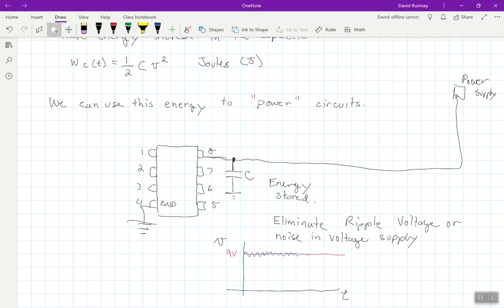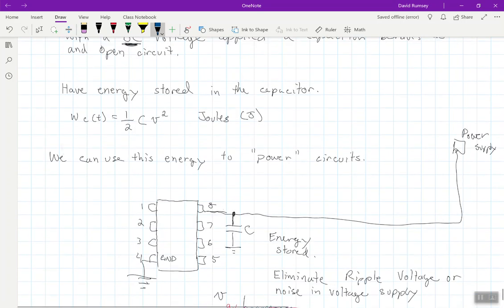And that blue line there is not a constant 9 volts. It's got something called ripple, or it might just be noisy, and sometimes they call it dirty or unclean power. And so this capacitor can also help eliminate that noise, because basically this chip is drawing from that capacitor as opposed to having to go all the way back to the power supply.